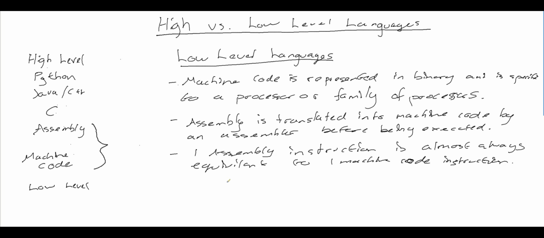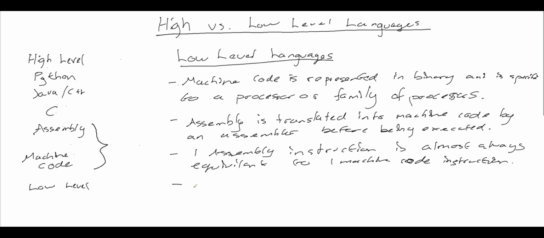In contrast, if we've got a higher level language, for example Python, we could have one instruction in Python, maybe assigning a particular value to a variable, that could represent many machine code instructions. So Python doesn't have that one-to-one mapping with machine code. It's assembly that has that one-to-one mapping with machine code.